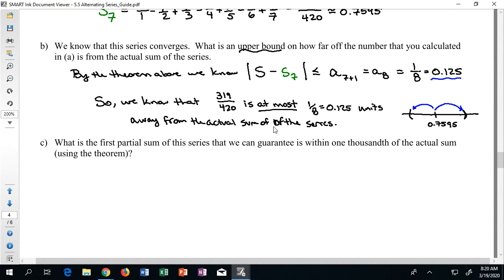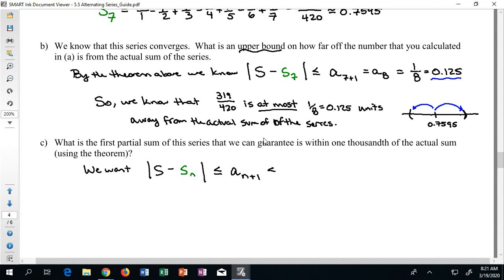Okay, if I think about what that means, we want to have S minus our S sub n. We're not really sure what that n value is going to be yet, but we'd like this, which we know is less than a sub n plus 1, to be less than 1/1000th.